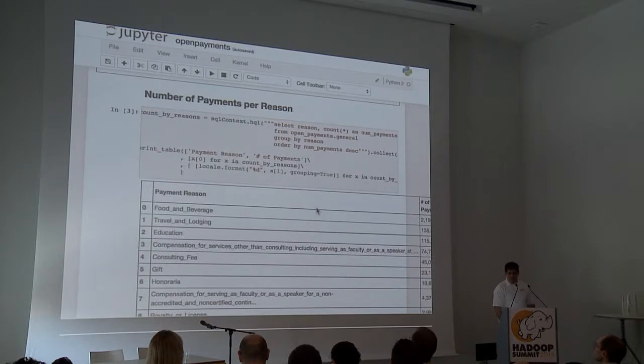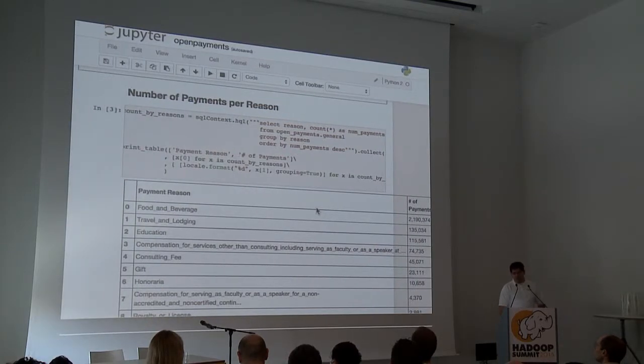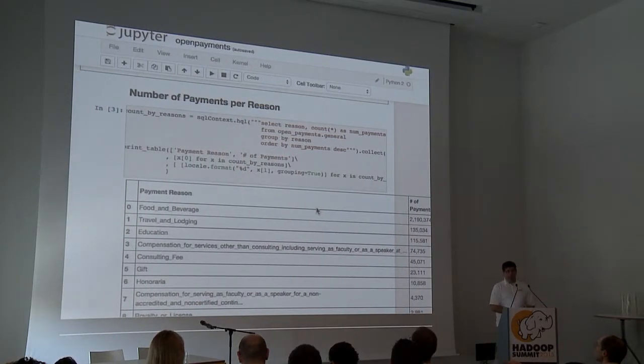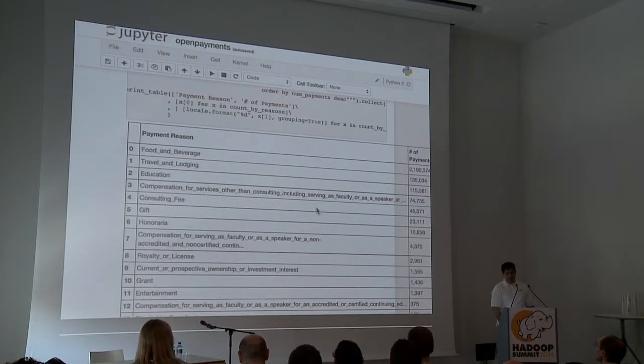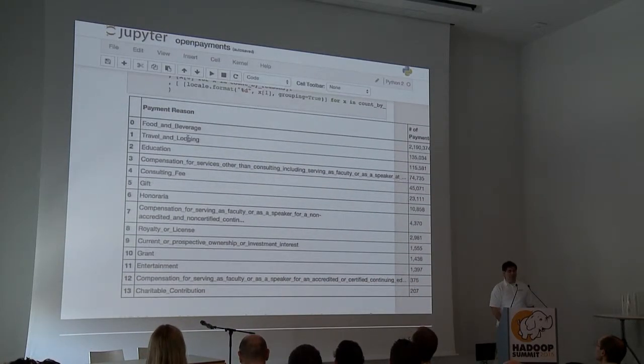Next we want to break down how many payments there were based on reason. So how many individual payments were there, broken down by reason? There were a lot of food and beverage purchases, far more, in fact, than most anything else. Next comes travel and lodging and education, and then down here, consulting fees.